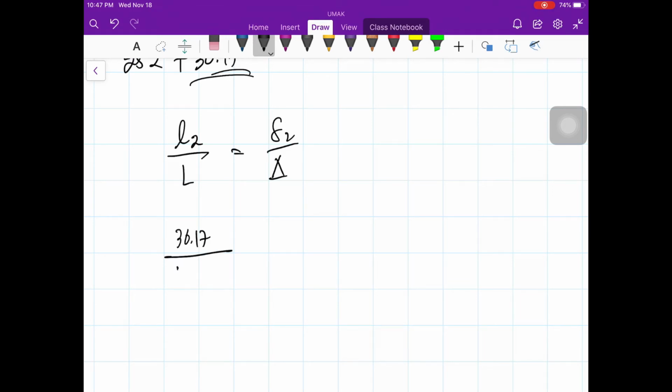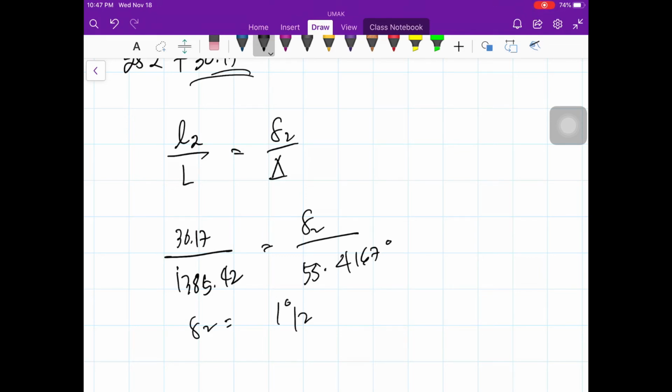What's your L? Your L is 1385.42, equal to gamma 2 all over 55.4167.